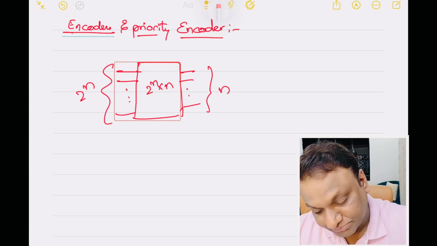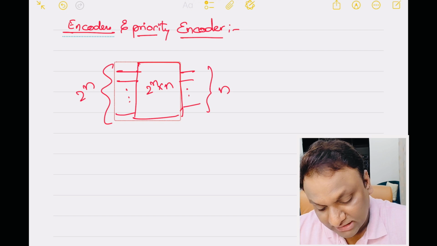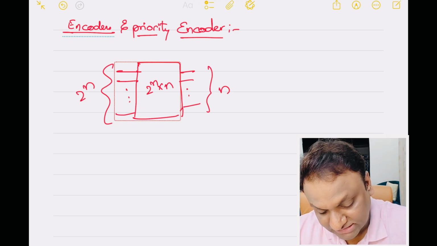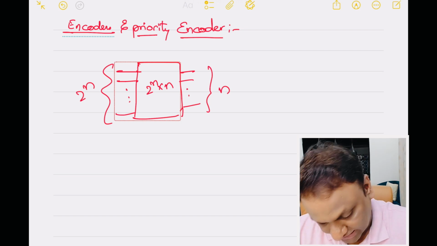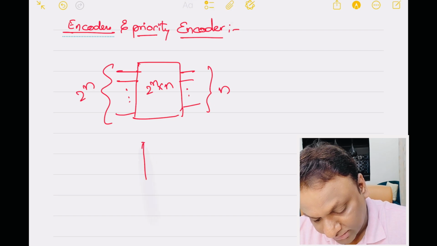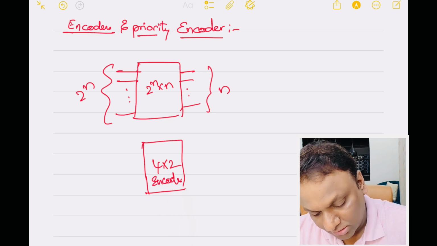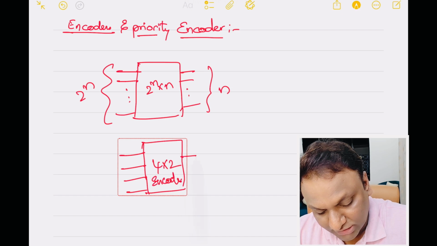Unlike the decoder, the n outputs are given in such a way that for a specific input the output is defined. Suppose I take a simple 4 to 2 encoder: there are 4 inputs and only 2 outputs.